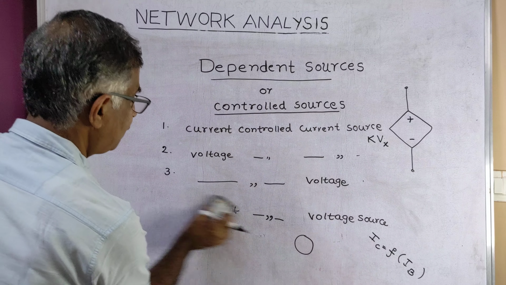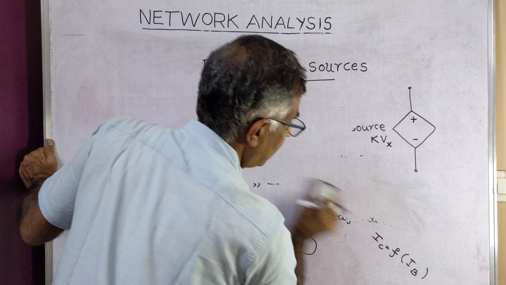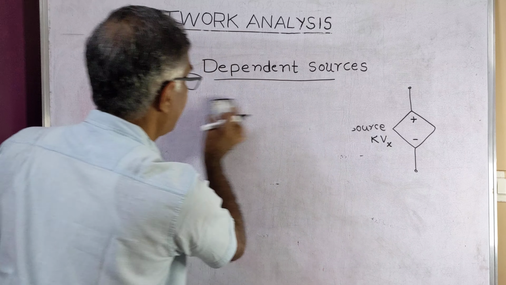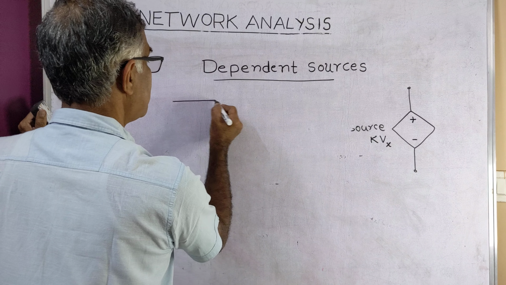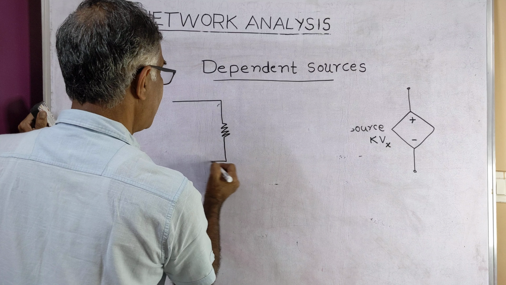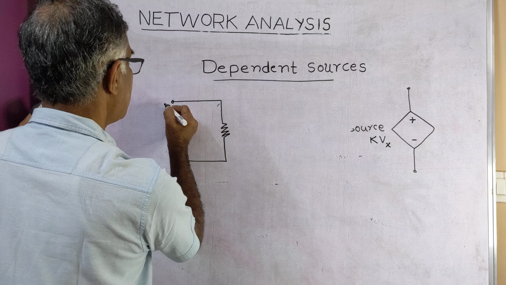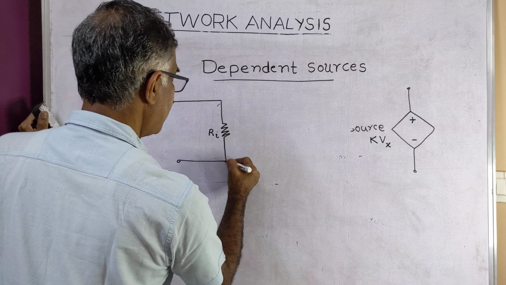If you remember, op amp, operational amplifier, to write the equivalent circuit of op amp. So this is the equivalent circuit of op amp. This is what is called as input resistance of op amp.